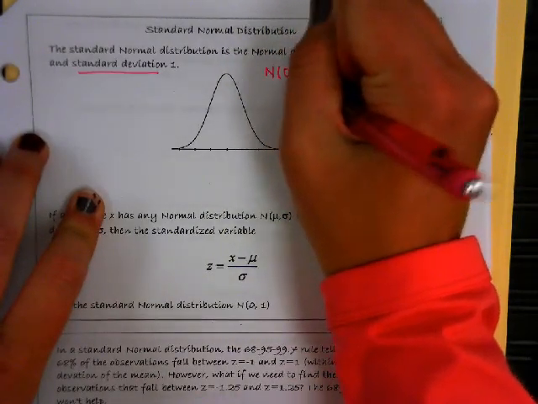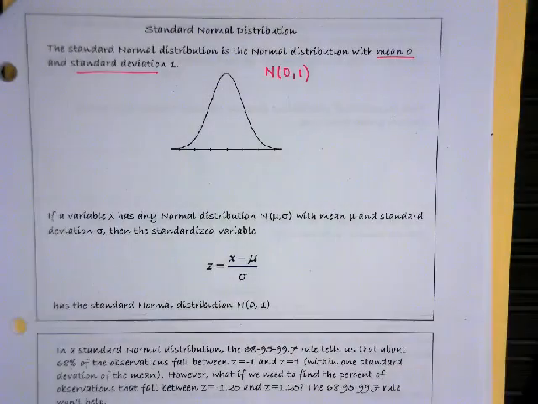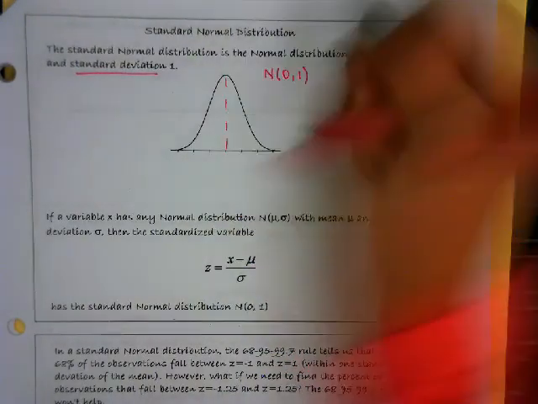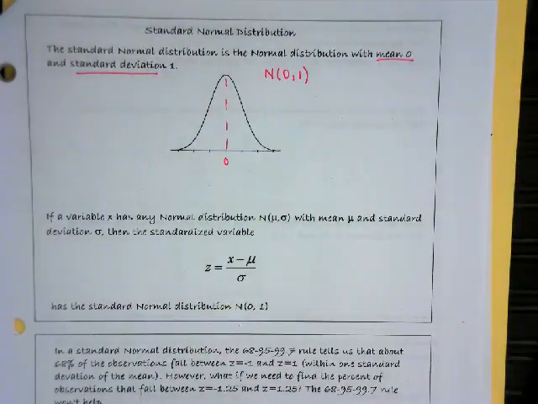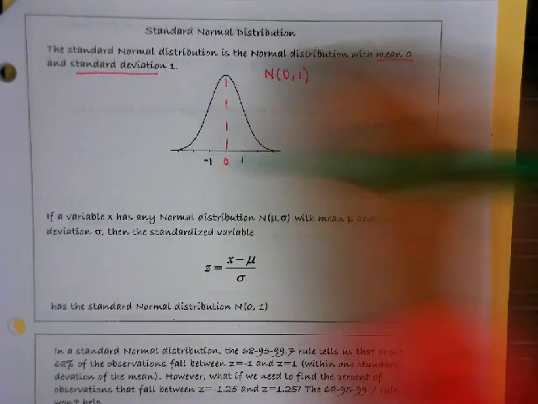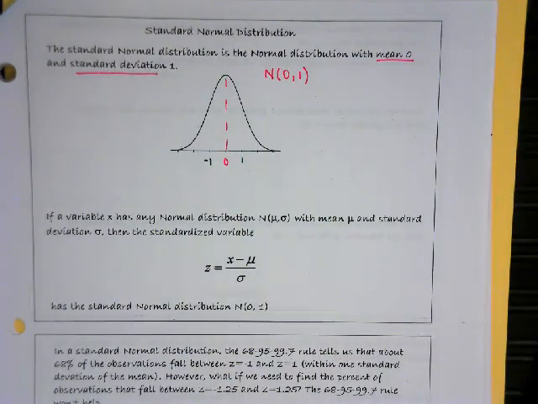Then we have a positive 1 here and a negative 1 there. Then we have our positive 2 and our negative 2, and a positive 3 and a negative 3.